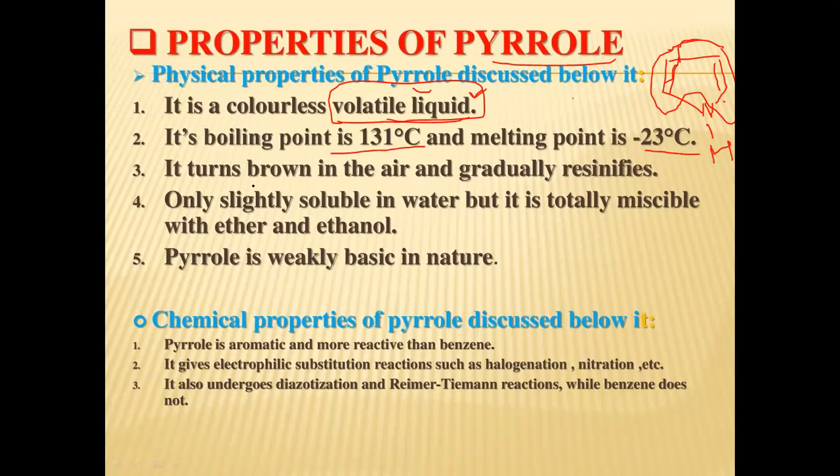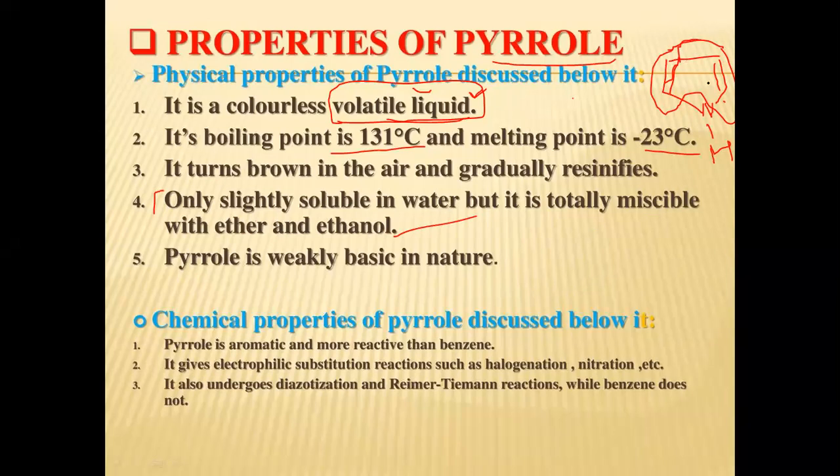It turns brown in the air and gradually resinifies. It is only slightly soluble in water, but it is totally miscible with ether and ethanol. This thing you have to know, and how this happens is due to the non-polar part.